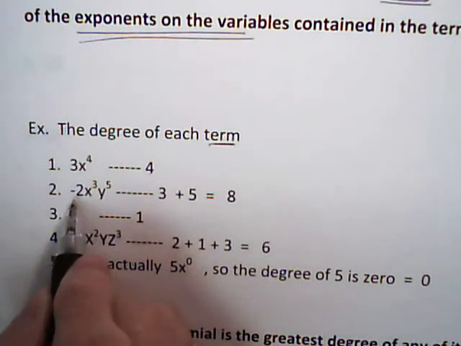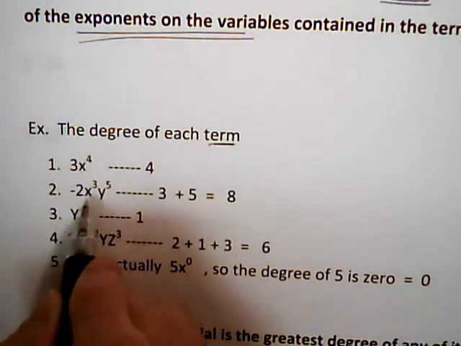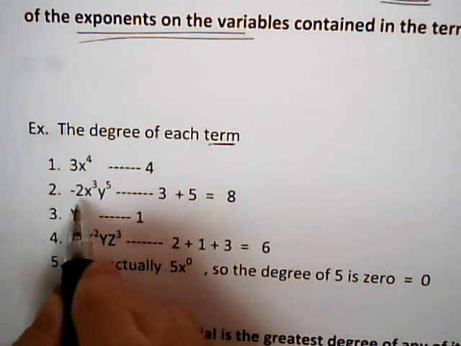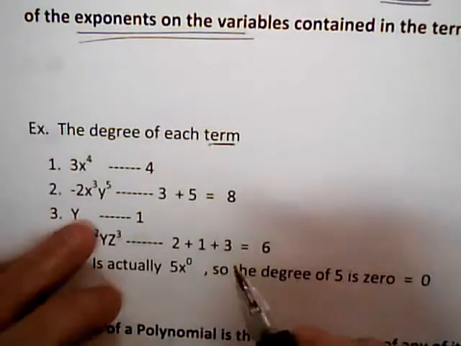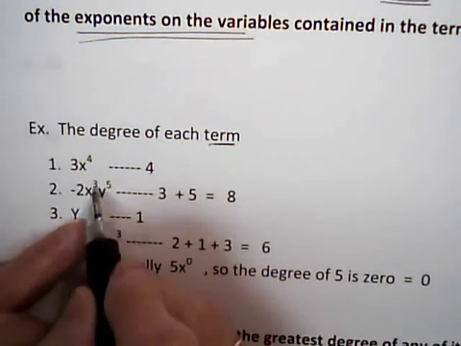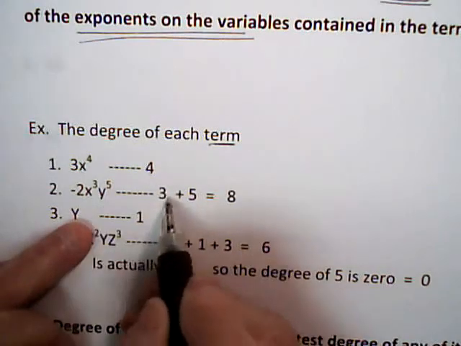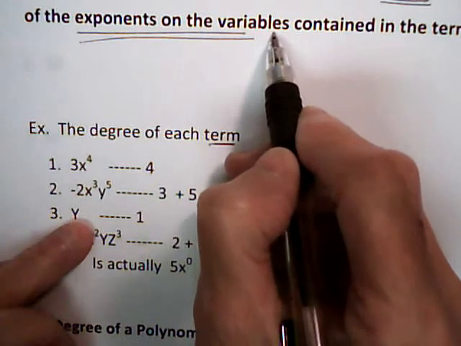Here is a multiplication of constants and variables, negative 2x cubed y to the 5th. Now remember, it's the sum of all the exponents. So we have a 3, we have a 5, 3 plus 5 is 8. Now remember, it's the sum of the exponents of the variables.